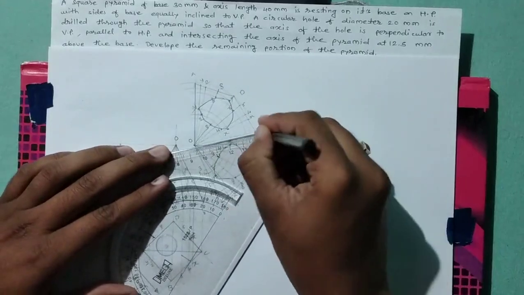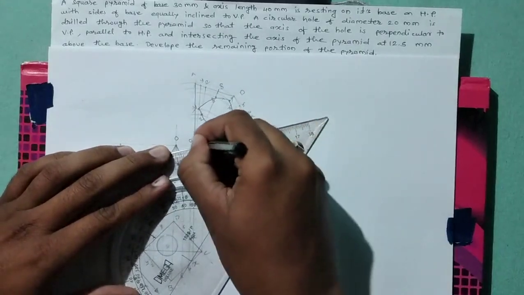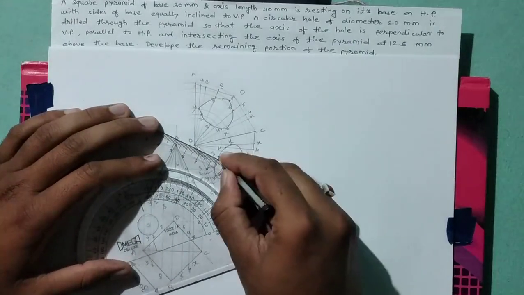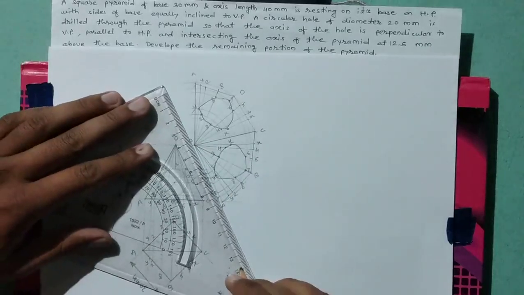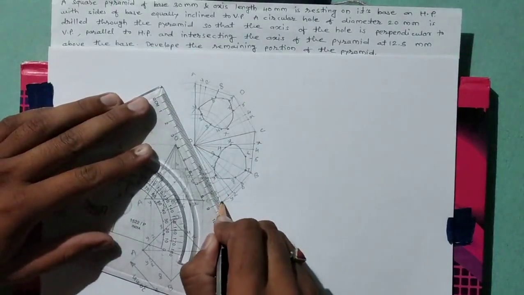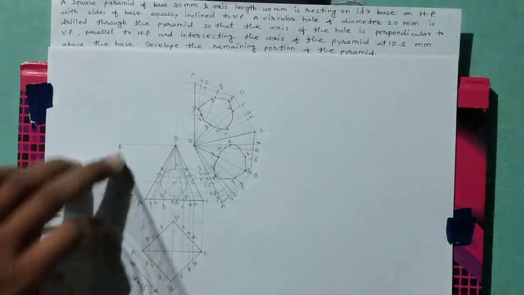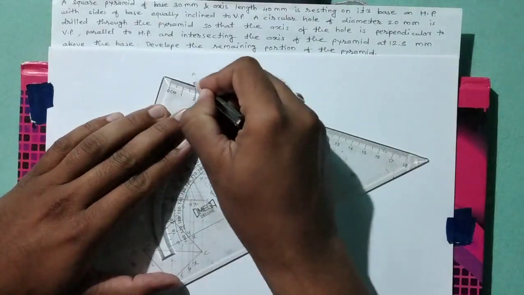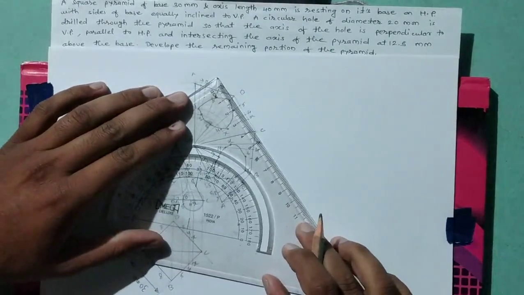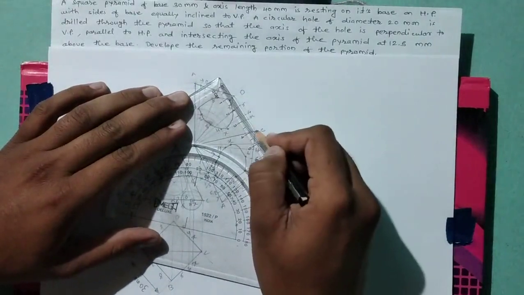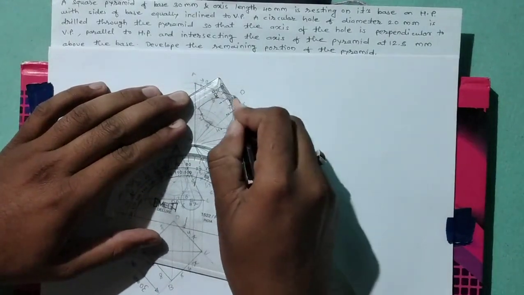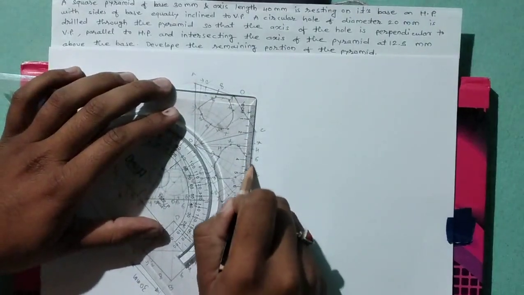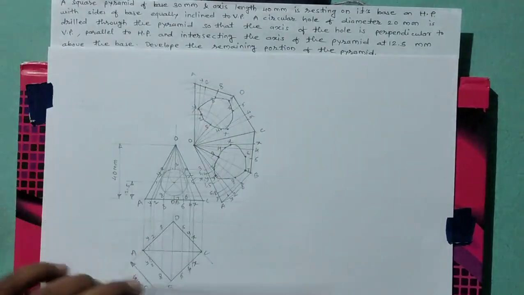After that, the edge of point C to O, B to O, and this edge, and also darken this edge AD, CD, BC, and this AB.